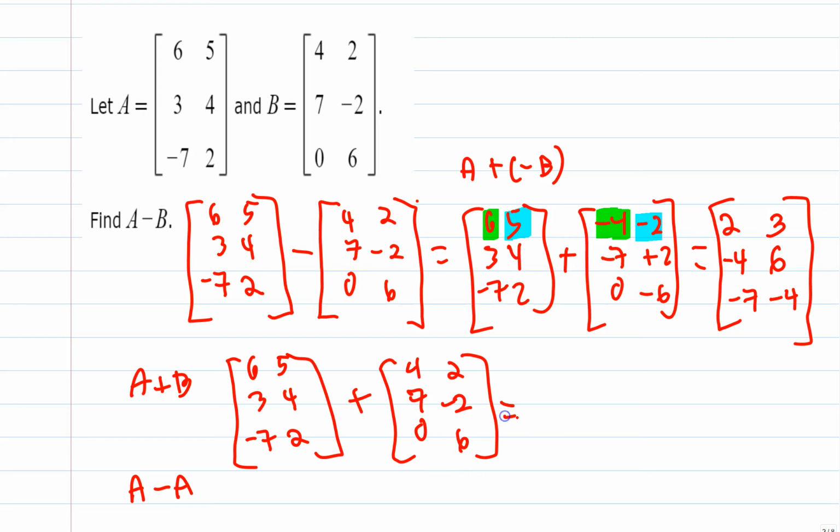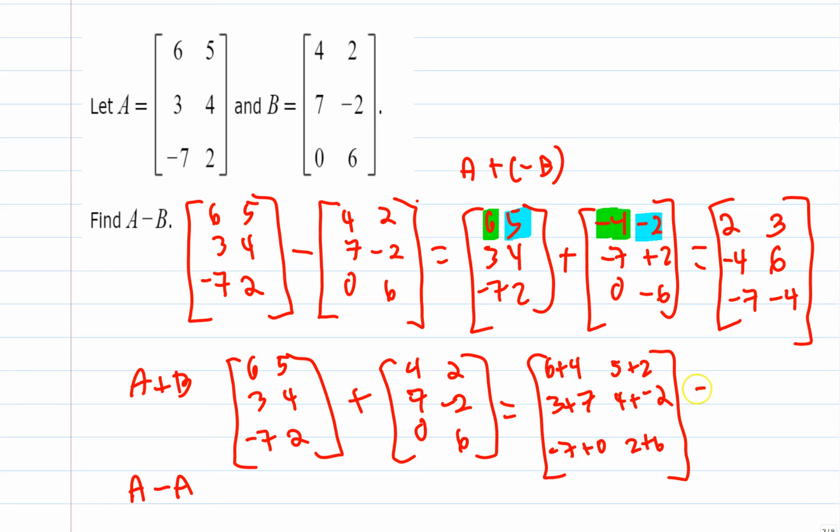I can just line them up. So the top left, I'm going to match the 6 plus 4. The top right, I'm going to match the 5 plus 2. Next one, I'm going to match the 3 with the 7, the 4 plus negative 2, the negative 7 plus 0, and the 2 plus 6. And we combine them to give us 10, 7, 10, 2, negative 7, and 8.